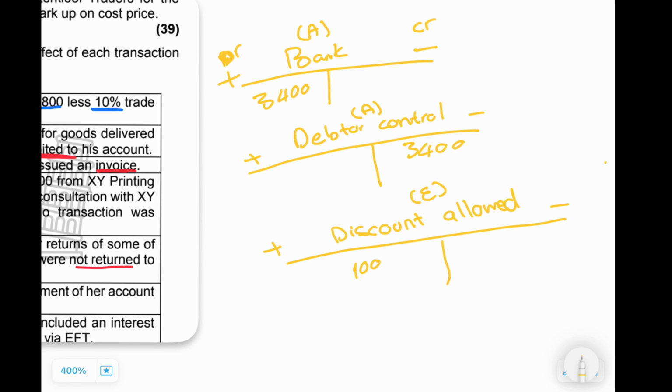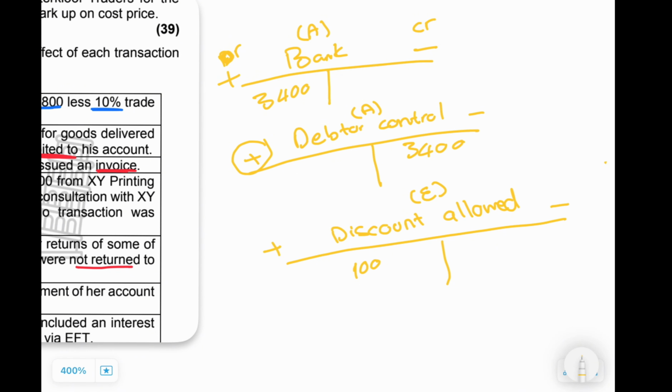Remember, when this person bought from us on credit, we had increased their account by 3,500 because that is how much they owe us, right? Which means when they come to pay but we give them a discount, we have to show the discount that we have allowed them also in the debtors control account.